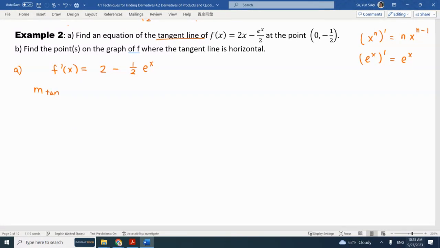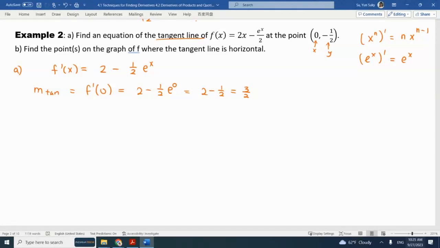So this is the derivative, and we want to find the tangent line. So m tangent is the derivative. We plug in 0. So we get 2 minus 1/2 e to the 0. What is e to the 0? 1. Good. So 2 minus 1/2 is 1.5, which is 3/2. Good. This is the m tangent.